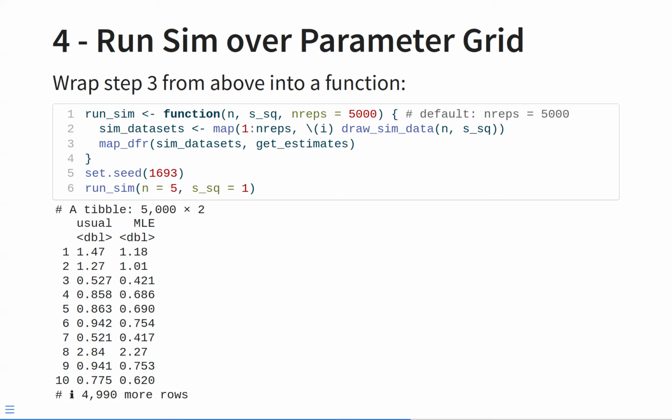And notice that I've given n reps a default argument of 5,000, so that by default the simulation will have 5,000 replications. What do I do here? Well, I do exactly what we did before. It's just I do it inside of a function. So I first simulate and generate all of my 5,000 data sets in line 2. Then I use mapdfr to get the estimates corresponding to each data set and store them in this nice tibble.